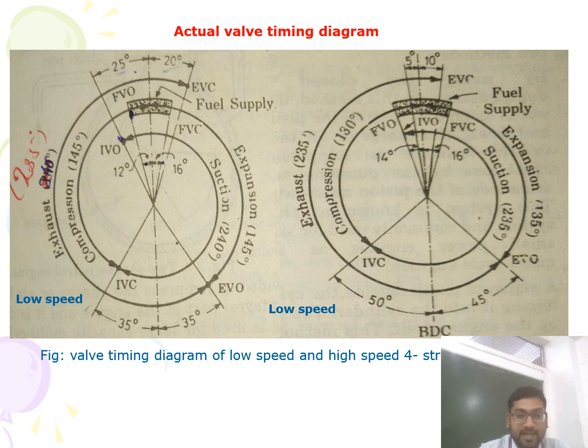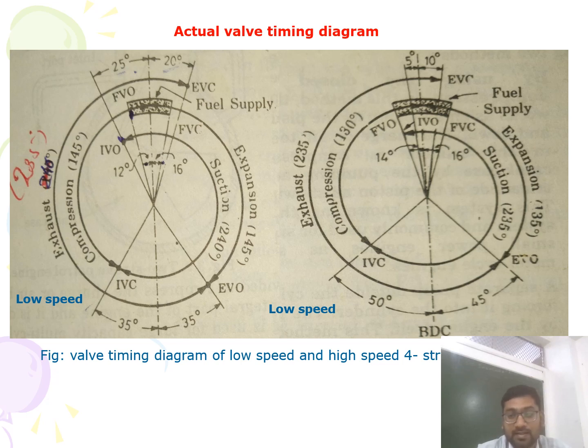If we talk about the exhaust valve, you may observe that it opens 35 degrees before BDC, meaning early opening of the exhaust valve, and closes 20 degrees after TDC. So the exhaust valve is open for around 235 degrees, meaning a longer exhaust period, as you can see in the figure.